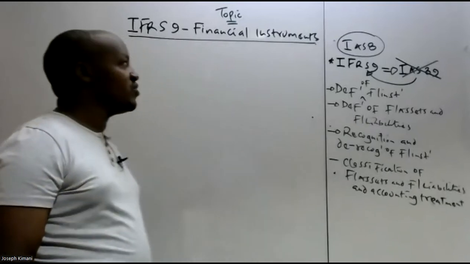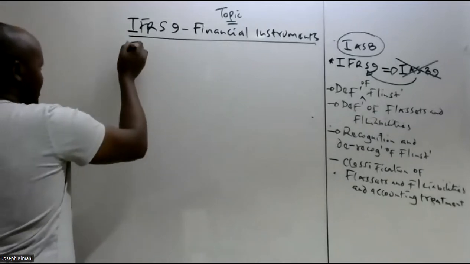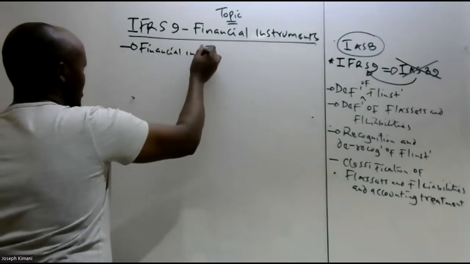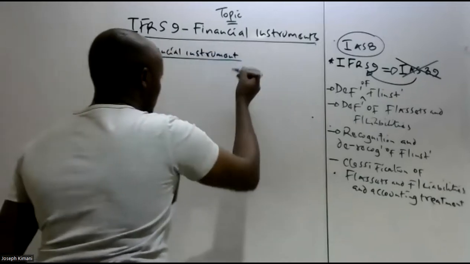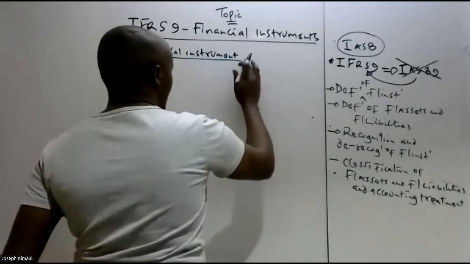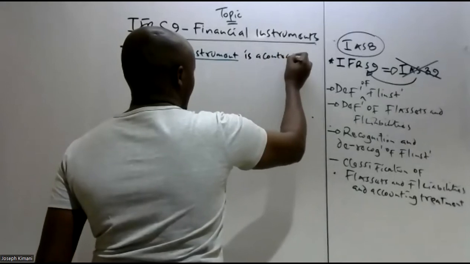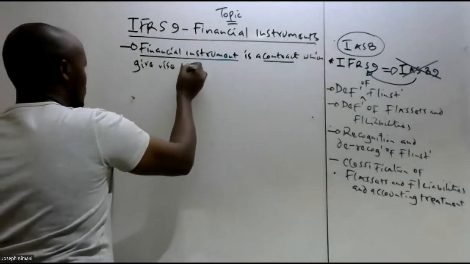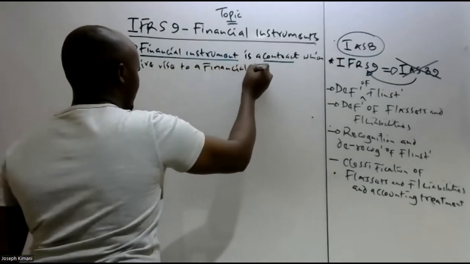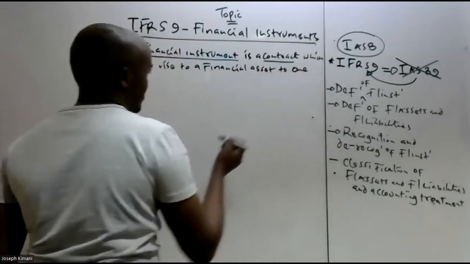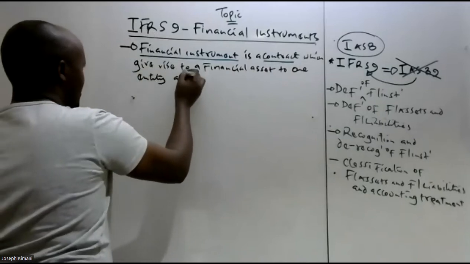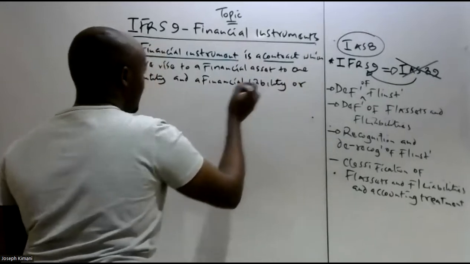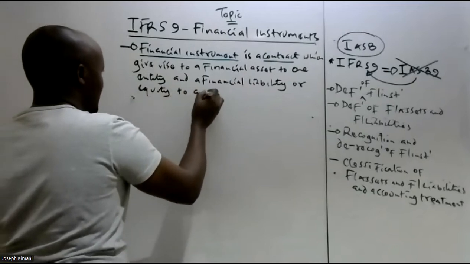But in terms of how a financial instrument is defined under IFRS 9, a financial instrument is a contract which gives rise to a financial asset to one entity, and a financial liability or equity to another entity.